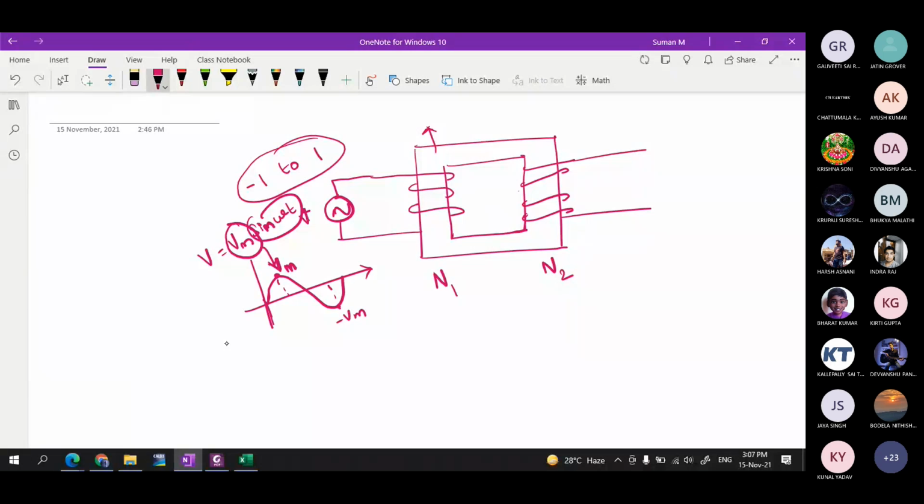Now what you are going to do is apply this voltage source to this winding. This winding is generally called the primary winding, where you are giving the supply, and this is called the secondary winding.